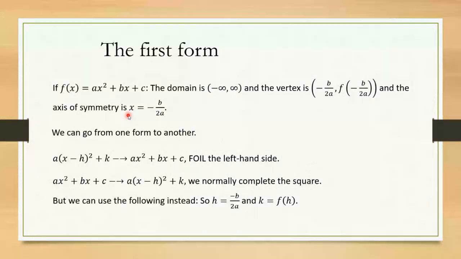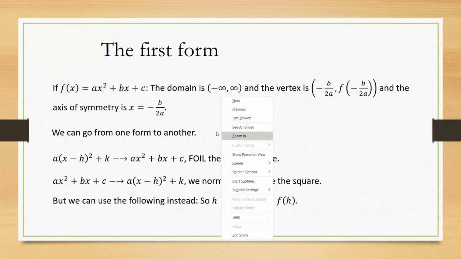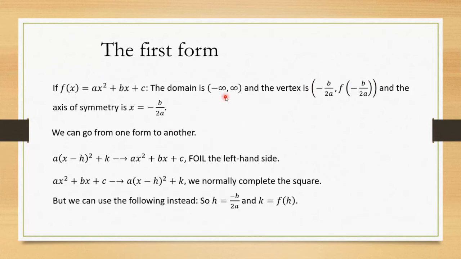This was the other form, the form from the definition. What's nice, though, is you can still get the vertex. Namely, the vertex is given here. This is a formula for the vertex, so to say. Again, the domain, as before, is all real numbers.